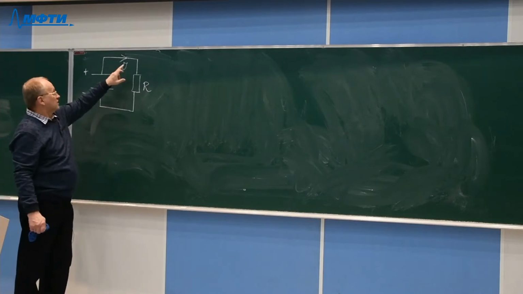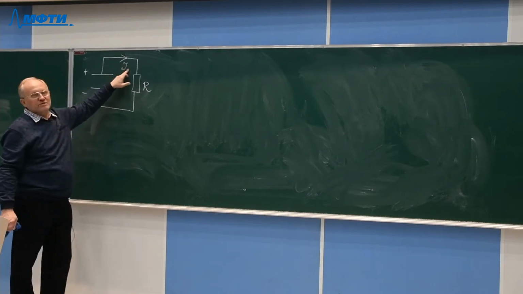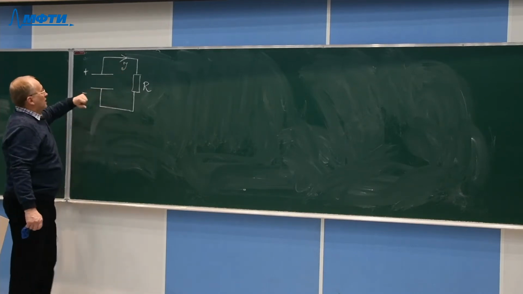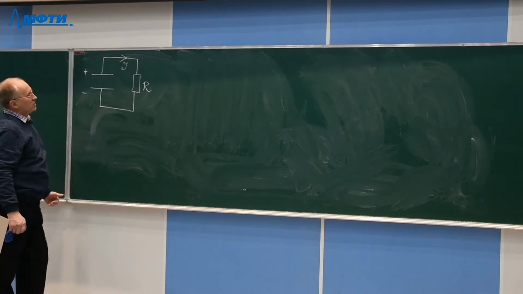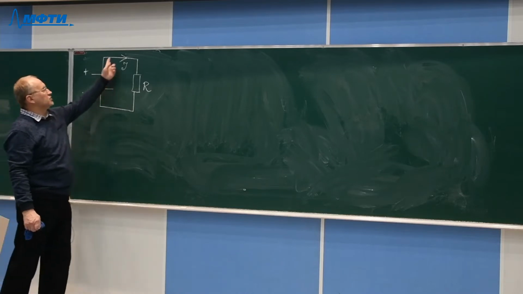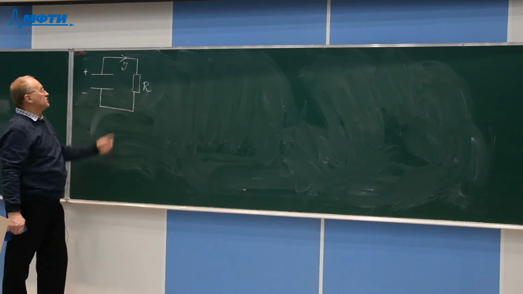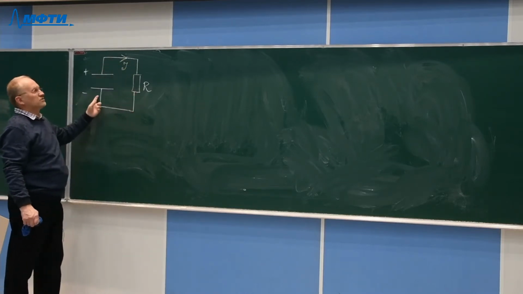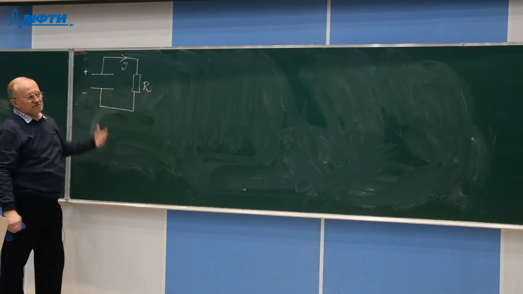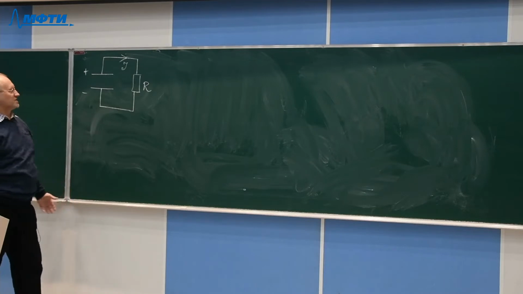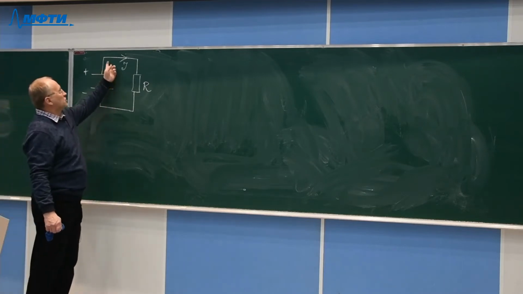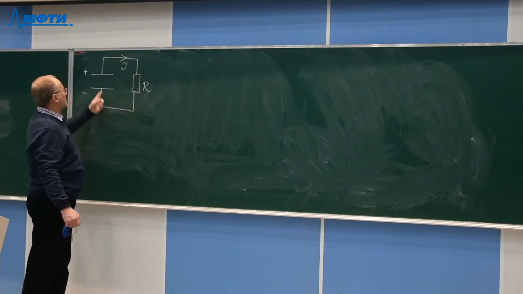It will be zero after that point in time. It means that using a charged capacitor, we can arrange an electric current, but only for a short period of time. Usually it's a very small portion of a second when we will have an electric current.